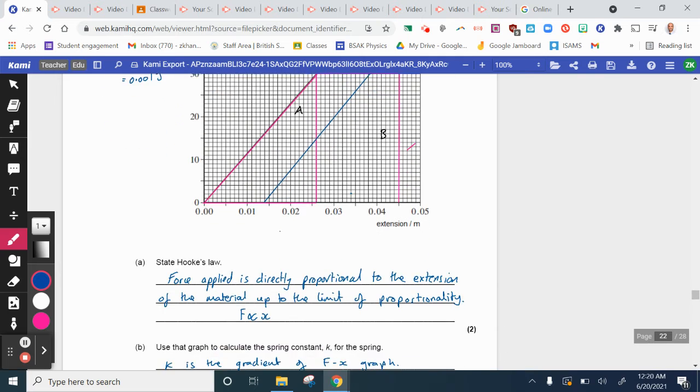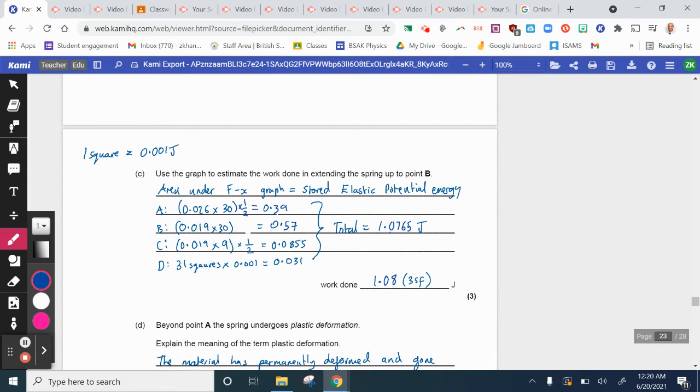And I've counted approximately 31 small squares and times that by the area of each individual little square, giving 0.031. Added up all the individual areas, I get a total of 1.0765 joules, to 3 sig figs 1.08 joules. So that's how much work is done in extending the spring up to point B.